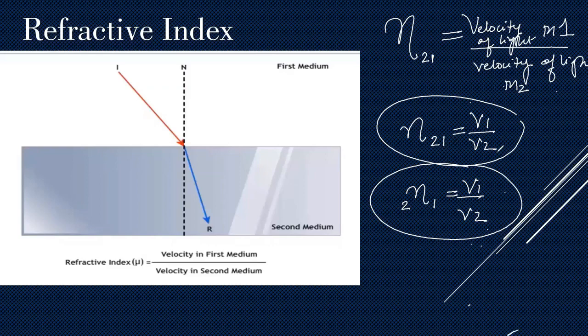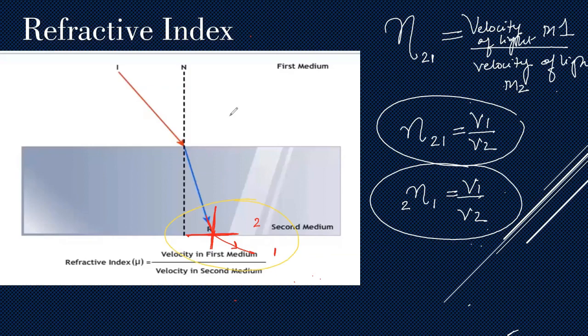Just imagine a scenario. Again, this ray is touching this interface. At this point, I am drawing a normal, and now it is going away from the interface. In this case, it is going from the second medium to the first medium. Now this is another refraction, 2 to 1.